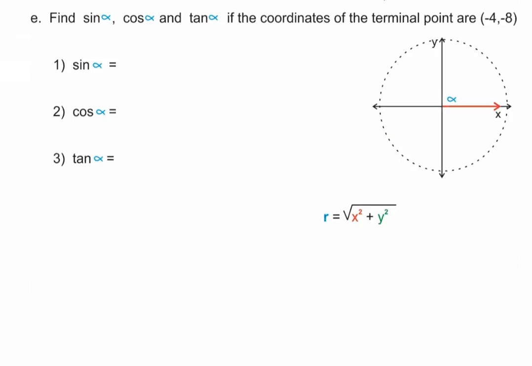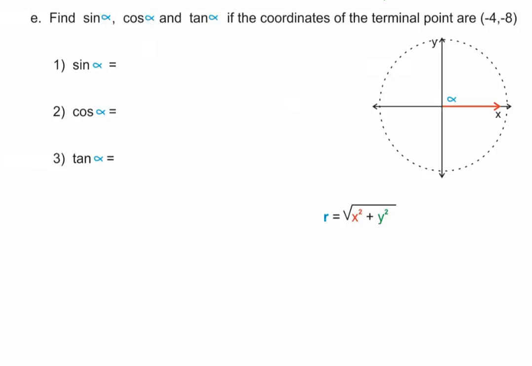So in this next example, we say find sine of alpha, cosine of alpha, tangent of alpha in the coordinate plane. And that should be if the coordinates of the terminal point are -4, -8. All right, so first thing you got to think about is where would that terminal point be along our circle?